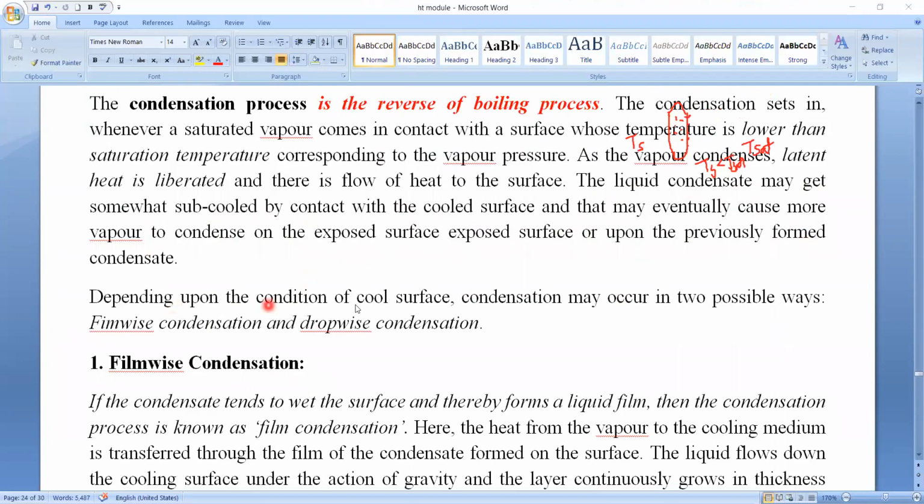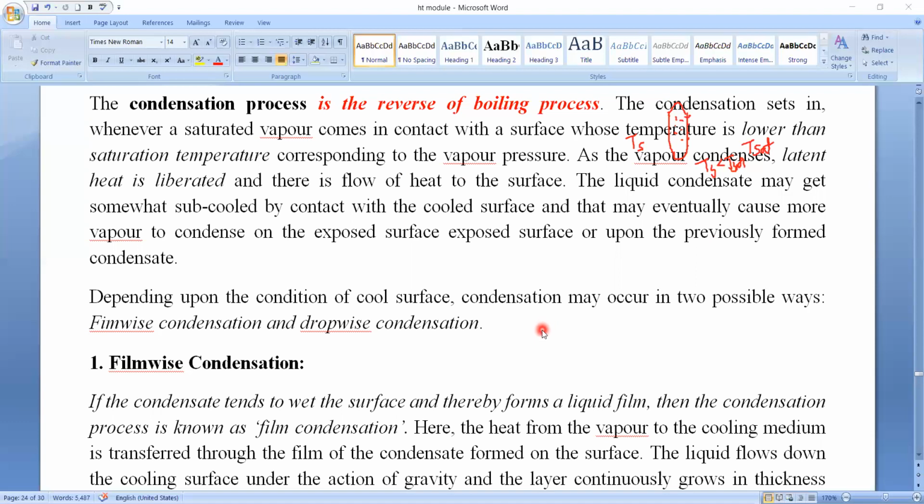So depending on the surface condition, the condensation may be of two types. The first one is film wise condensation and the second one is drop wise condensation. Depending on the nature of the surface or the process of condensation, condensation is divided into these two forms.